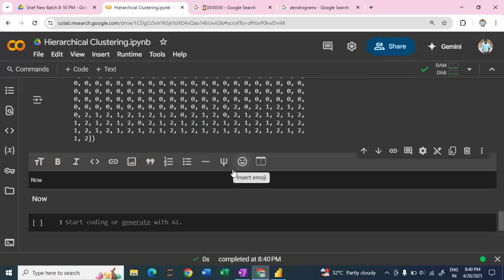Now we will plot the graph to show these clusters.